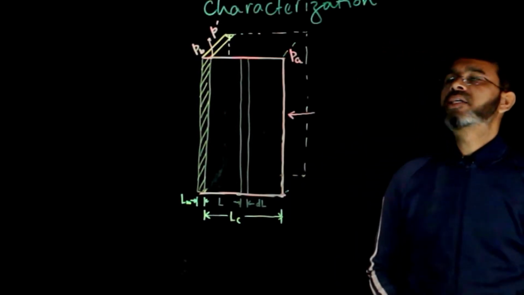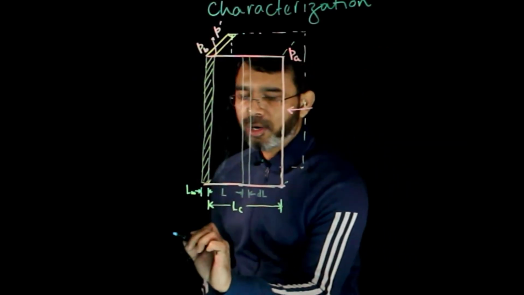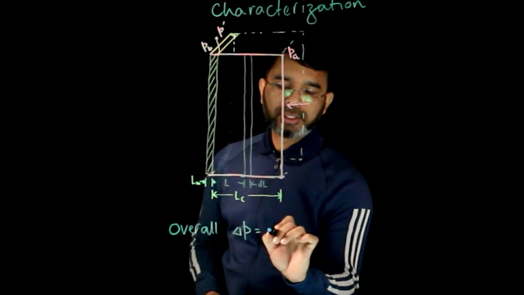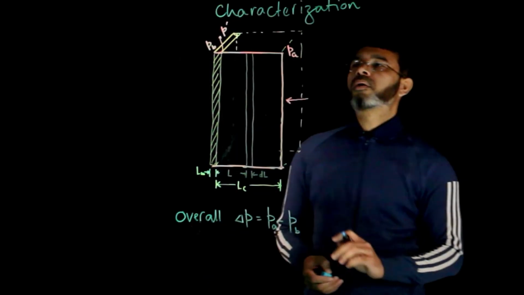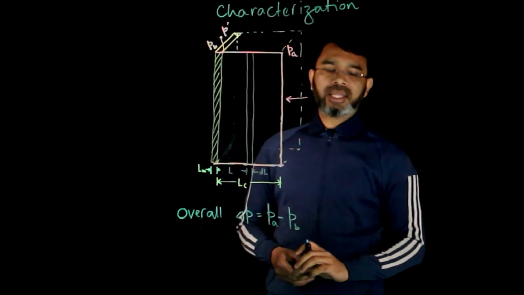Now to start characterizing the process, we'll start with the pressure drop. This overall delta P is represented by PA minus PB, and also it can be represented by the pressure drop within the cake plus the pressure drop in the medium.